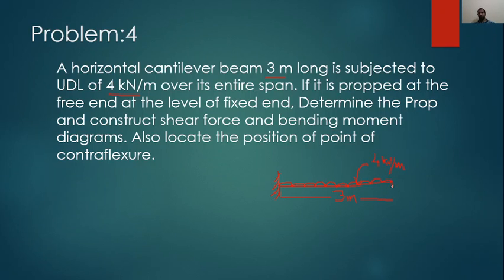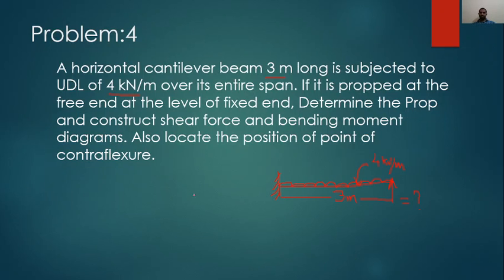It is propped at the other end. This prop reaction P value is to be determined, and we need to draw the shear force and bending moment diagram for this.